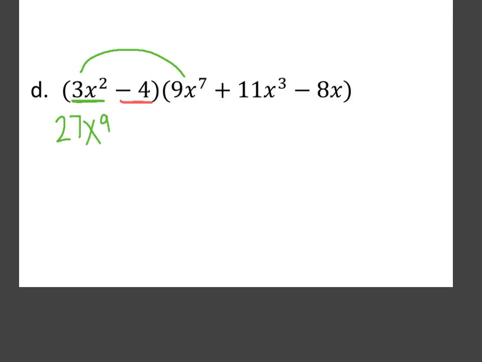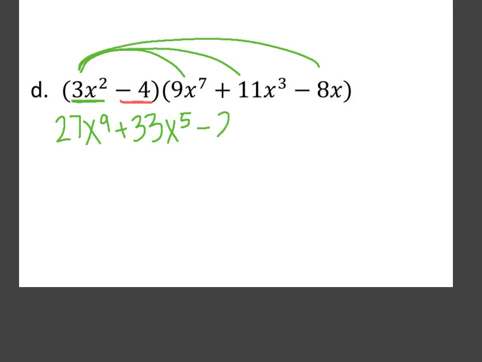And now I need to continue. I need to take 3x squared times 11x to the power 3. So 3 times 11 is going to give me 33. X to the power 2 and x to the power 3, if I add those up, would give me x to the power 5. 3 times negative 8 is going to give me negative 24 x to the power 3. Now I need to distribute my other term.